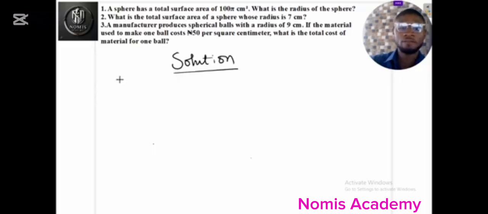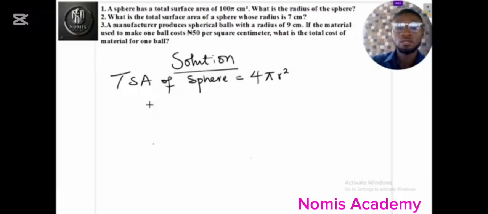So recall that the formula says that the total surface area of a sphere is equal to 4 pi r squared. And given that pi is equal to 22 over 7, and the radius here is 7 centimeters.